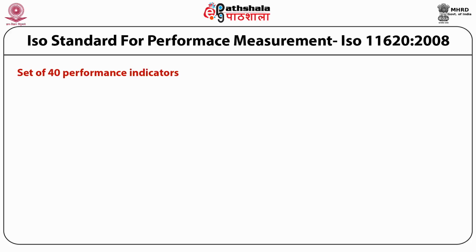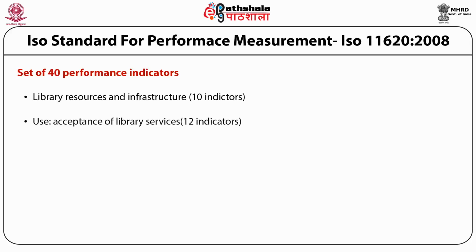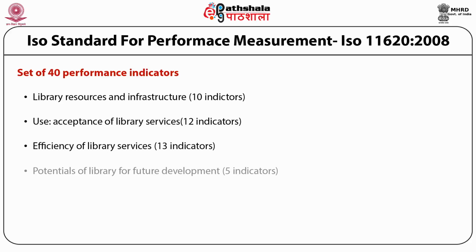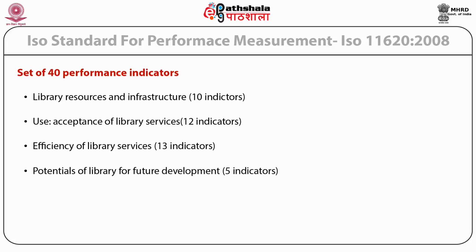These areas are library resources and infrastructure, represented by 10 indicators, use of library services by the user, represented by 12 indicators, and efficiency of library services, represented by 13 indicators. And the fourth one is library's potential for sustainability and development in a constantly changing environment.